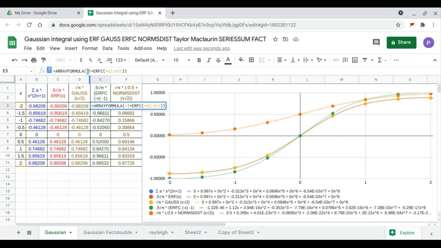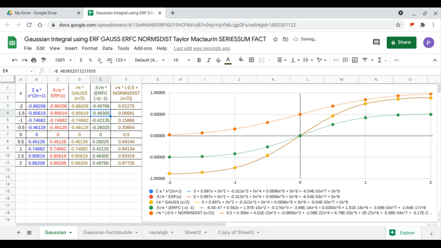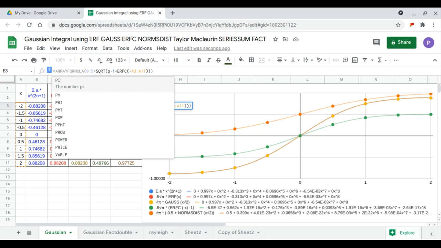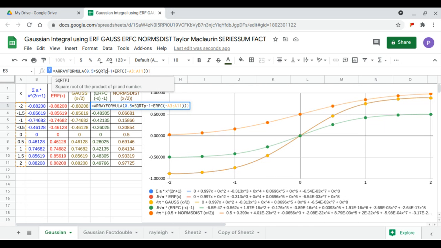So 0.5 times the quantity. And finally, the square root of pi. So times square root of pi. There.